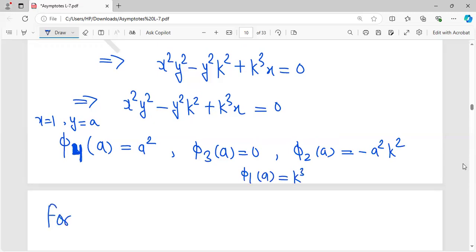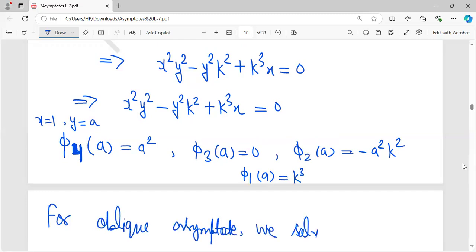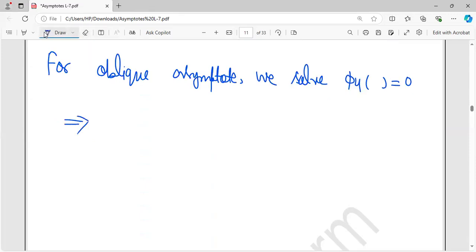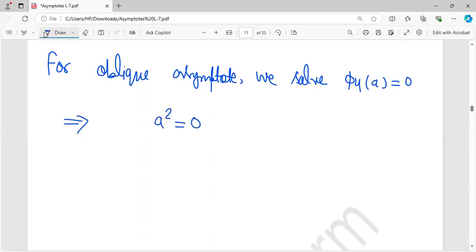So for oblique asymptote, what do we solve? We solve phi 4 of a is equal to 0. So what will we get? a square is equal to 0.